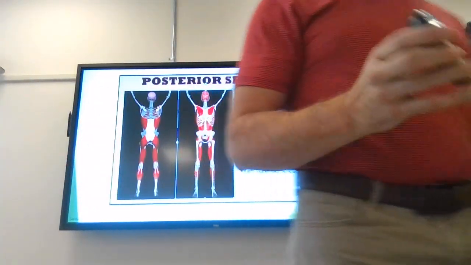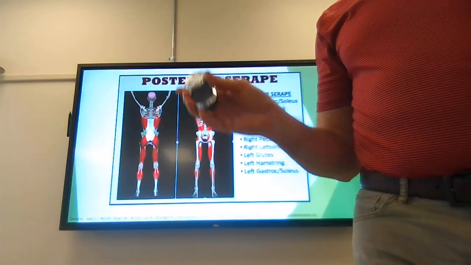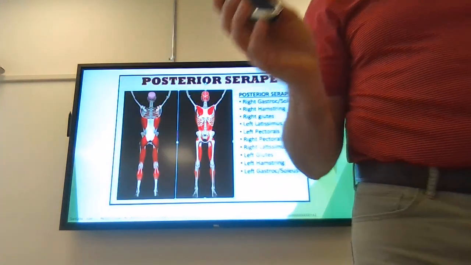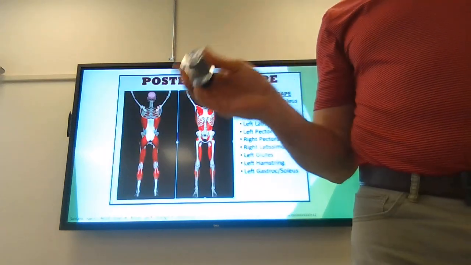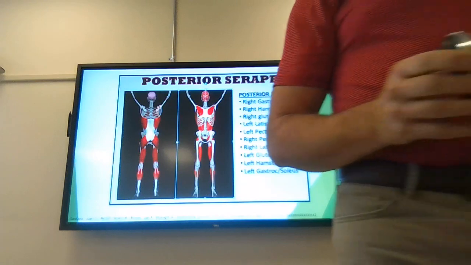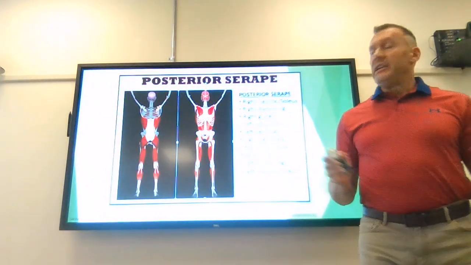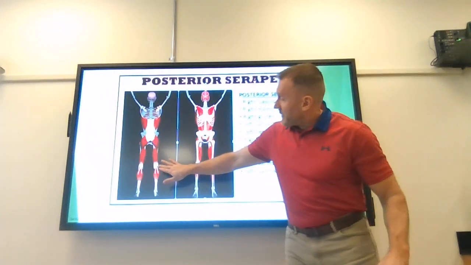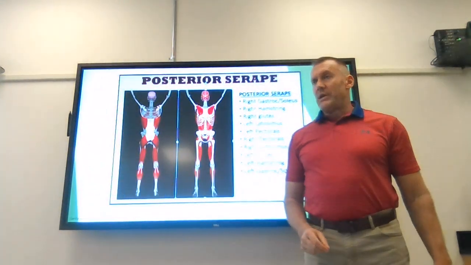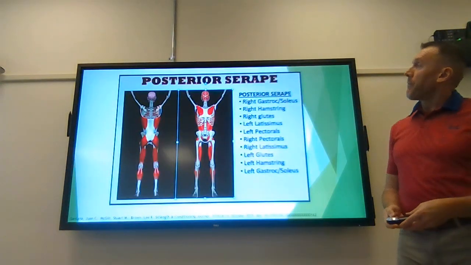As getting away from this concept of just strictly a muscle having two attachment points and isolated contractions for more integrated activation of muscles. So not only pulling on attachment points, but also being connected to muscles that are proximal or medial or lateral to that muscle. So that's the posterior serape.